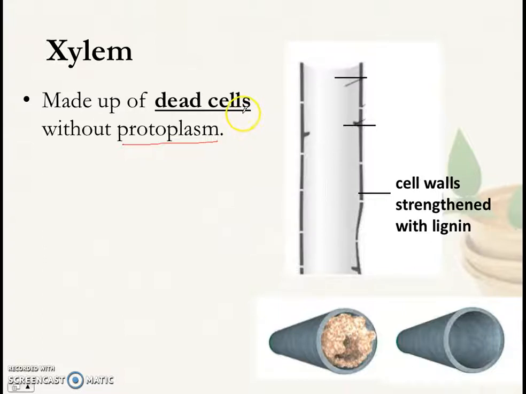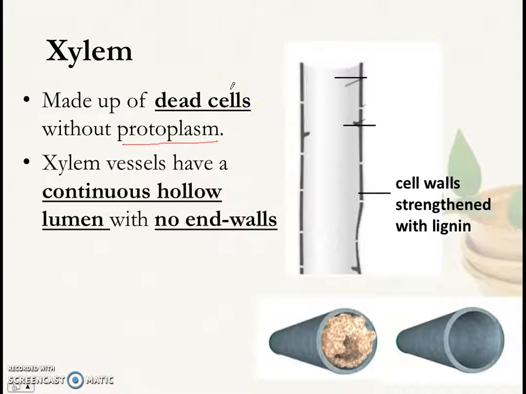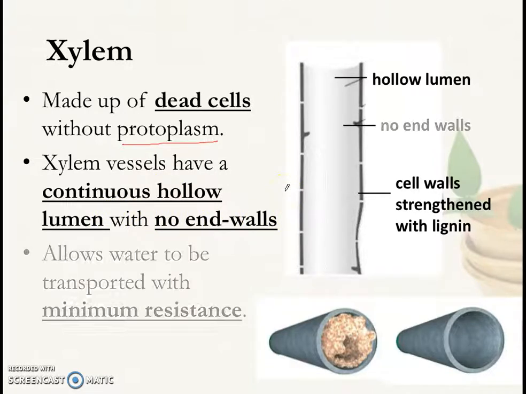So xylem cells do not have nuclei, cytoplasm, or cell membranes. And why is this the case? As a result of being made up of dead cells, xylem vessels have a continuous, hollow lumen with no end walls. So take a look at the diagram here on the right.